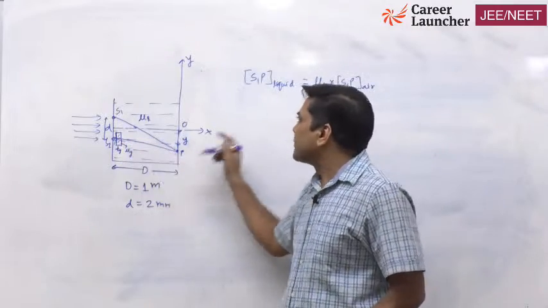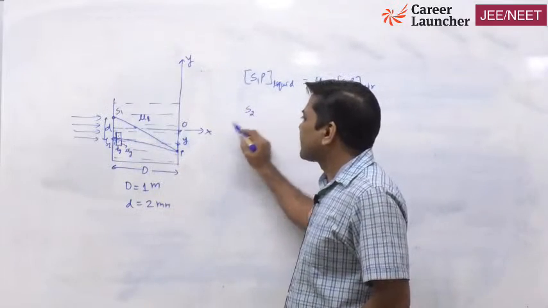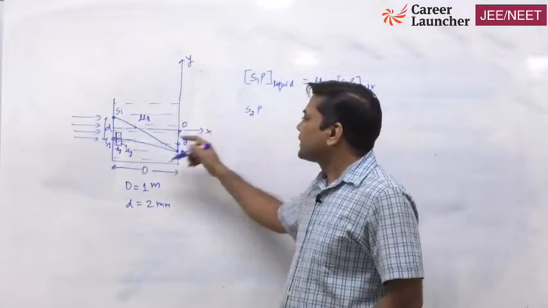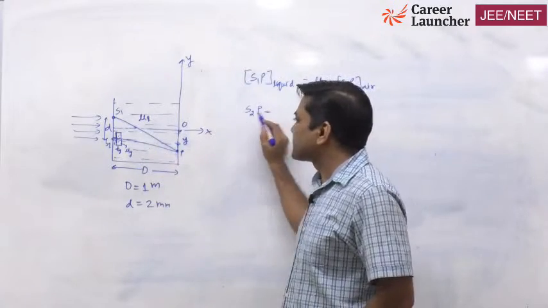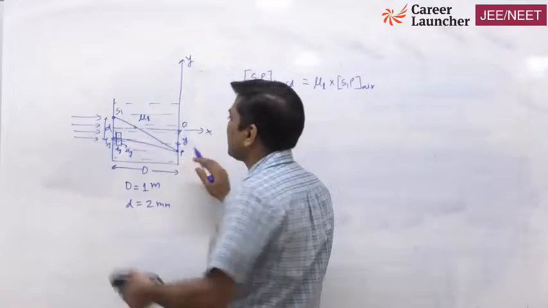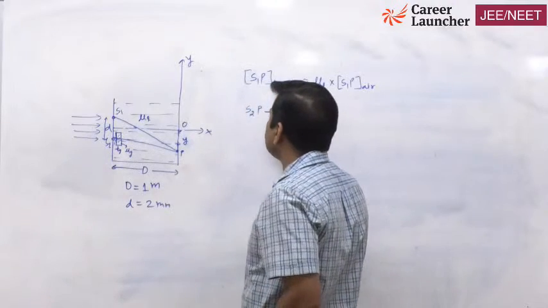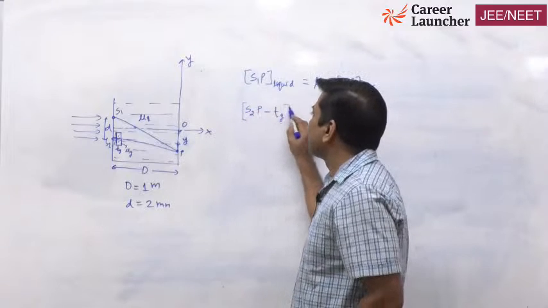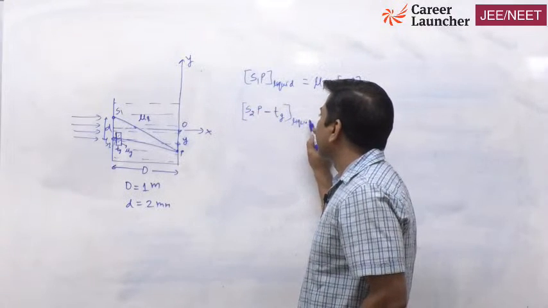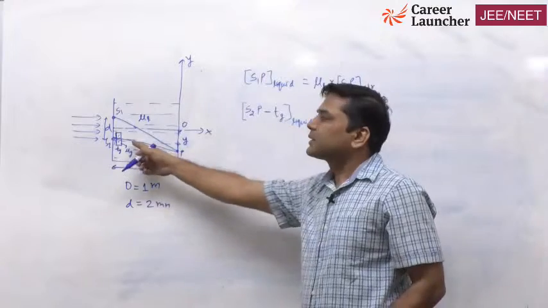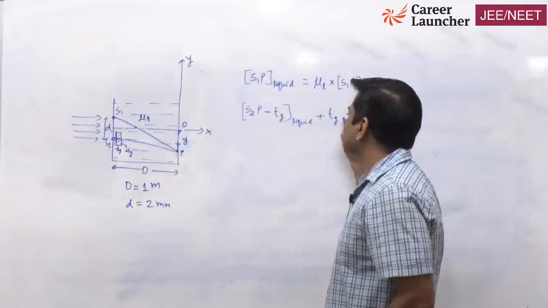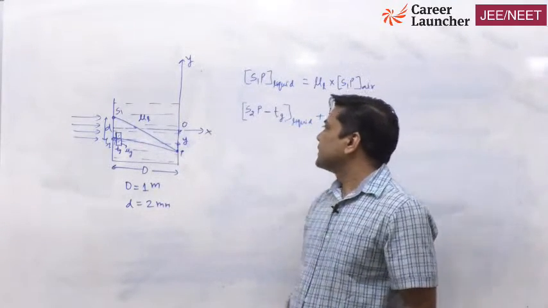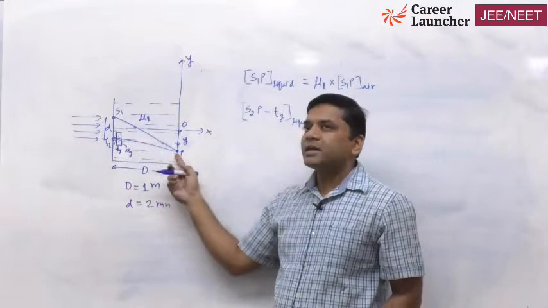Similarly here S2P. You know that the overall length is S2P minus TG, T glass, in liquid, plus TG. This is the length, you can think like this.